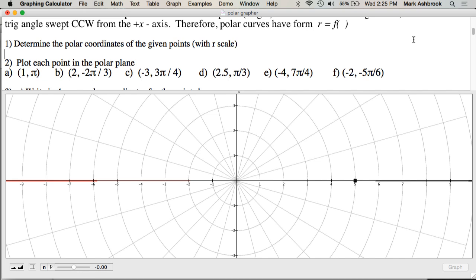The angle determines the direction of positive r. So say your angle is like this. For this angle, this is the direction of positive r. Negative r then is the opposite direction from positive r.